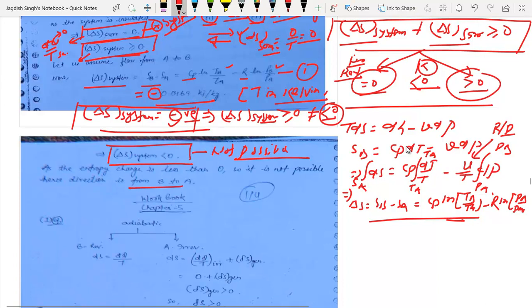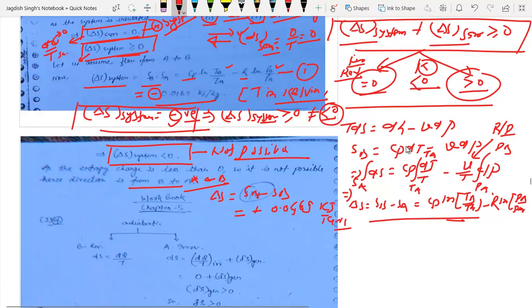If air is flowing from B to A, in this condition del S will be SA minus SB, because we have assumed B to A, right? SA minus SB. In this condition, you will get plus 0.0469 kilojoule per kg Kelvin.